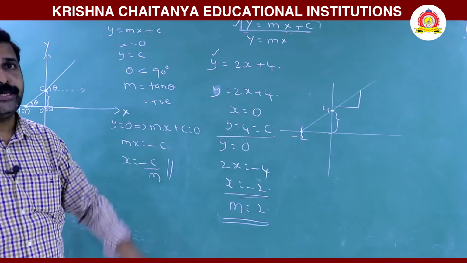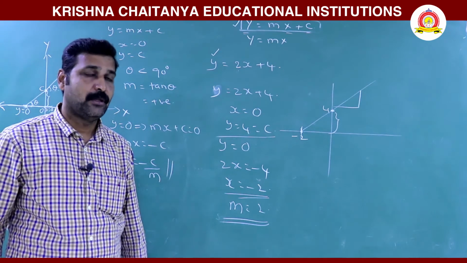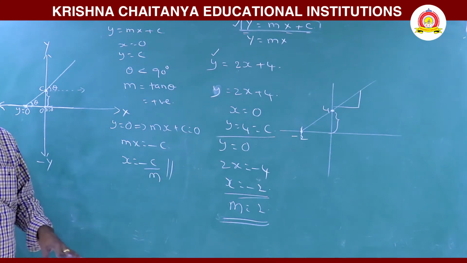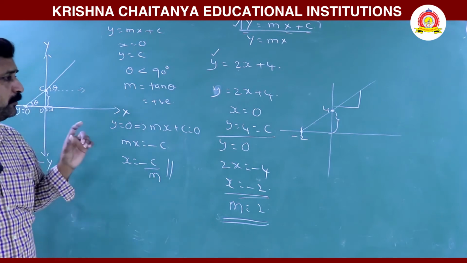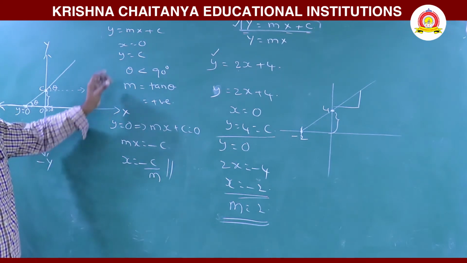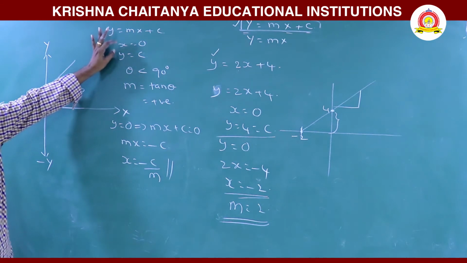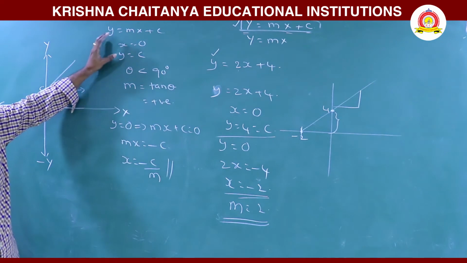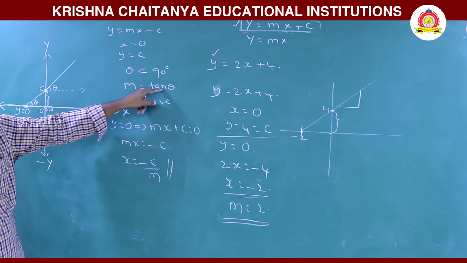Now we can draw another graph where the slope is negative. How to find these slopes, and how to find whether the slope is positive or negative, is one method. Look at these steps. If you want to identify the y intercept, substitute x is equal to 0. Next, if you want to find the slope, take tan theta.